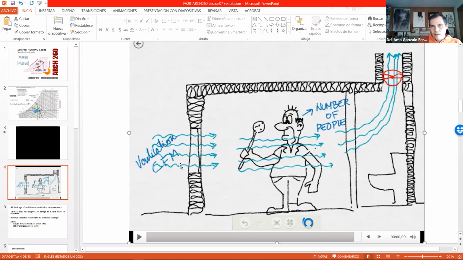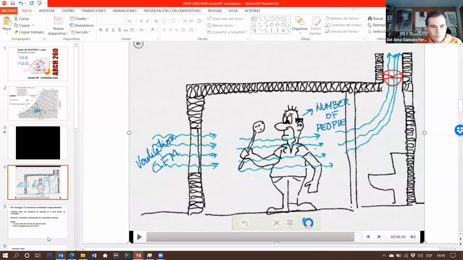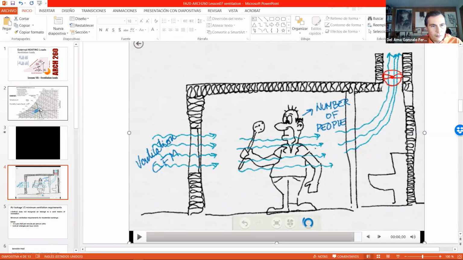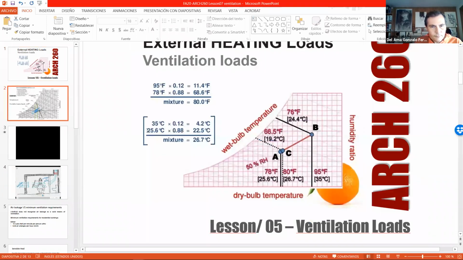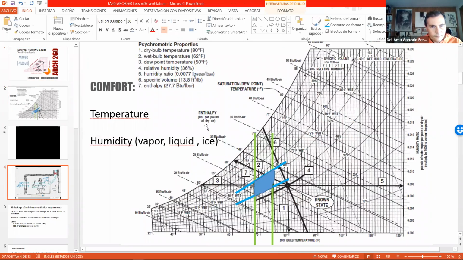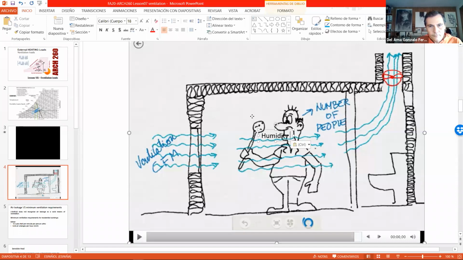We can open a window. Usually we have extraction. So we can accomplish this with natural ventilation, or mechanical ventilation.